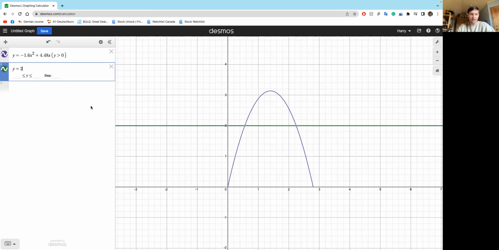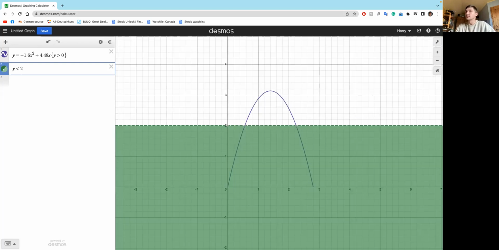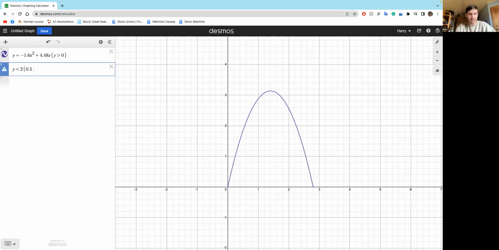So how about we write that in? We'll say y has to be less than 2 meters, between x from 0.6 to 2.2, and make sure that y doesn't go below 0.